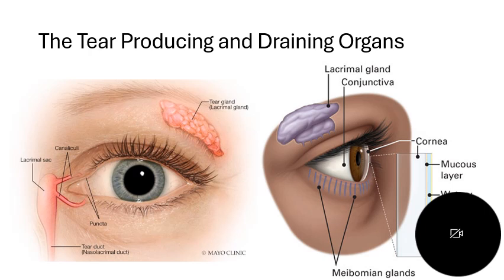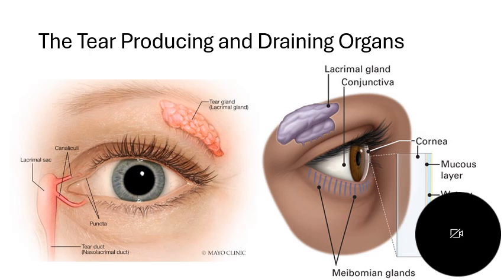This mixture of water, mucus, and oil coats the surface of our eye and is the primary refracting power of the eye. What I mean by that is when light hits our eye, it is focused, sharpened onto the retina to create a clear image.